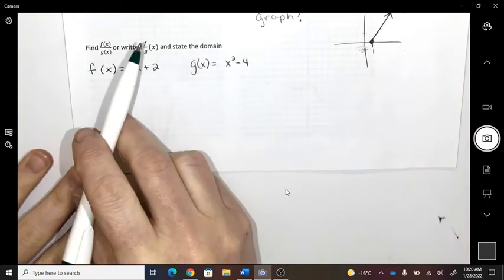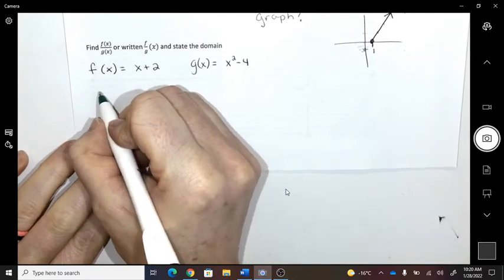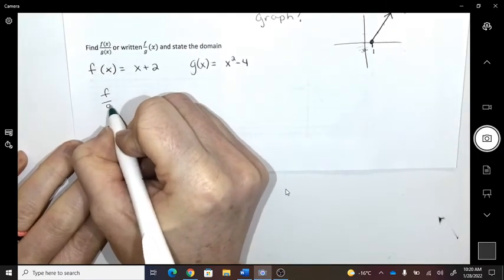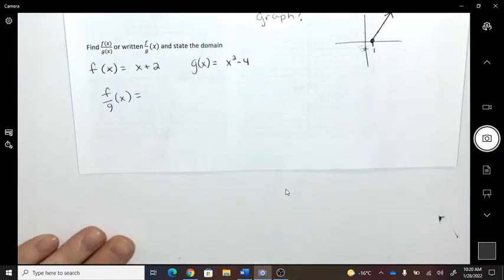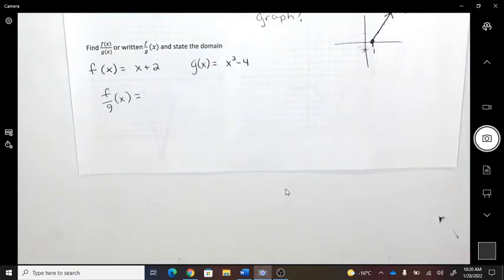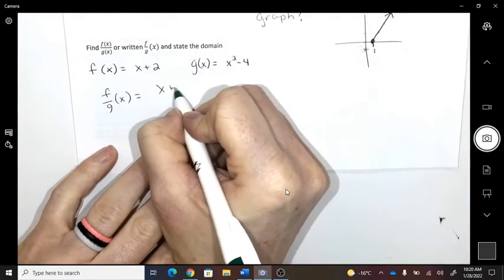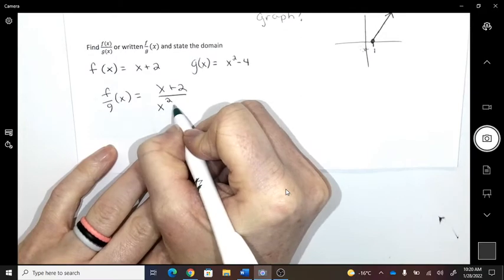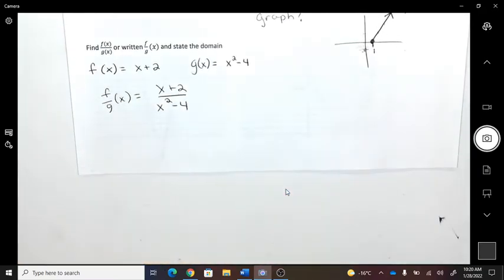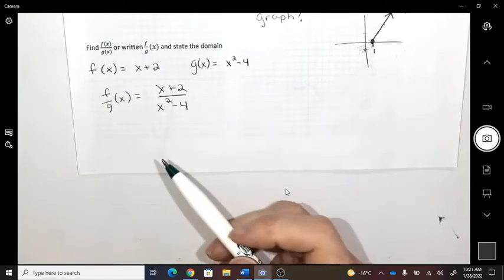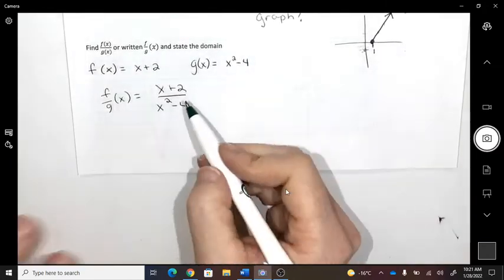So we're going to do the division. The new function, if we divide, so the f function gets divided by the g function. And what should we do with this? We're going to use difference of squares on that.